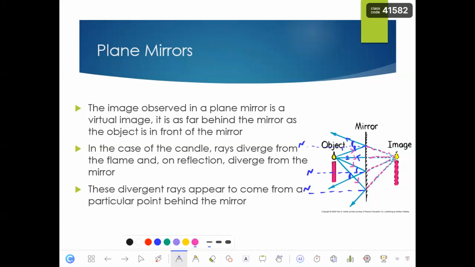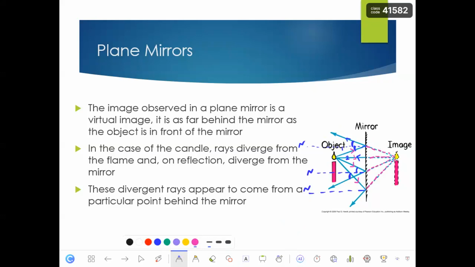As you can see, if you extend the reflected light, they will intersect at one point. What is that point? Focal point. No, no, not the focal. We will get to that point. This point is the image of this light, okay? You remember this point is radiating visible light, yes?